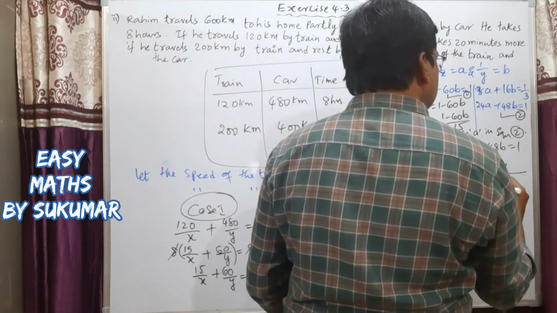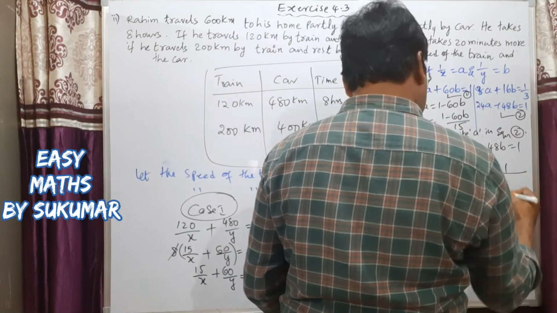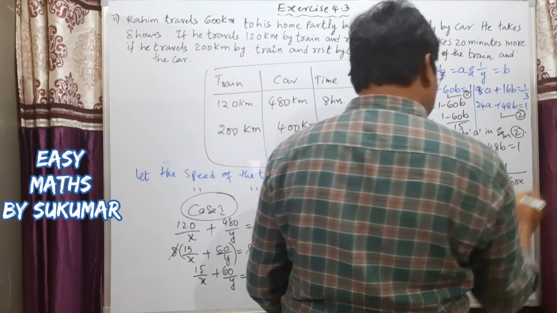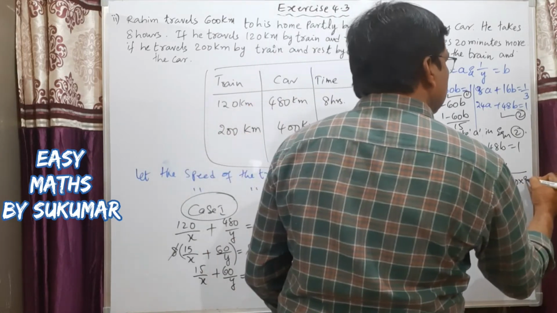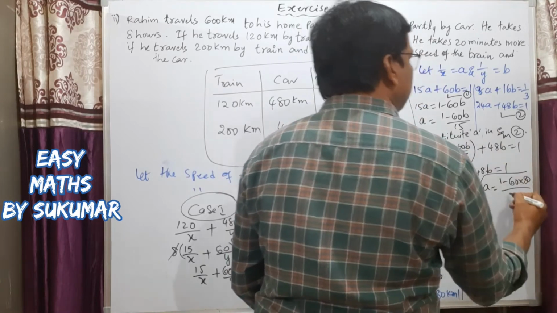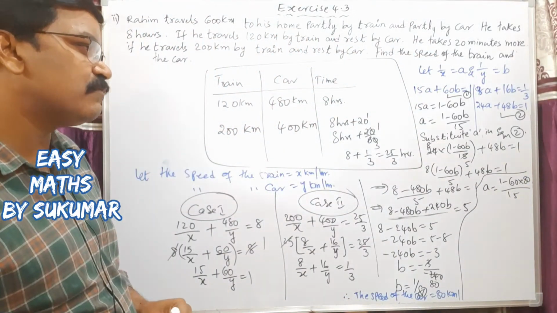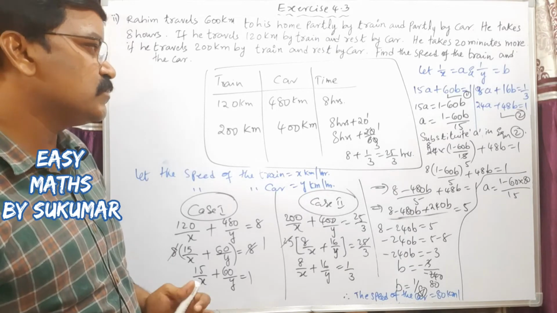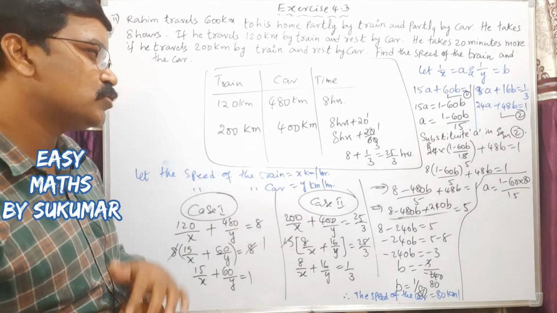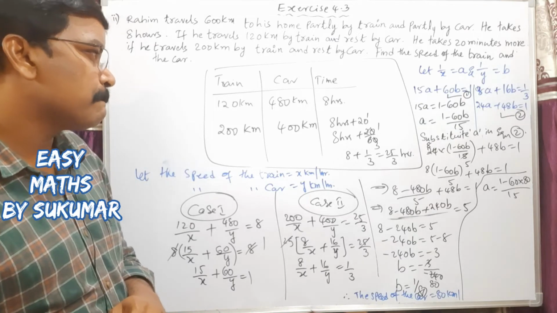That means A is equal to 1 minus 60 into, what is B here? 80 by 15. 1 minus 60 into B by 15. Okay, A is equal to 1 minus 60 into B by 15.